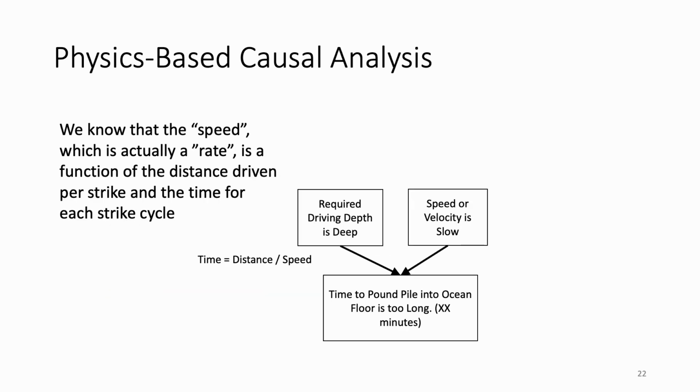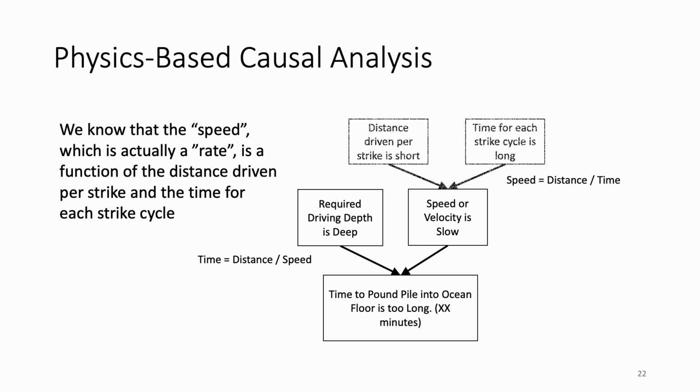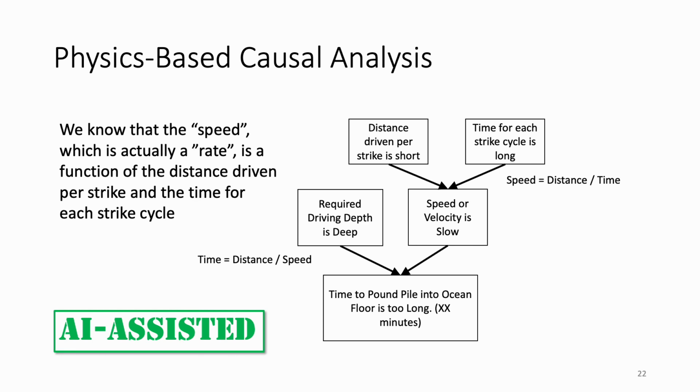AI helps. The next would be, we know that the speed is actually a rate. It is a function of the distance driven per strike and the time for each strike cycle. AI helps again.